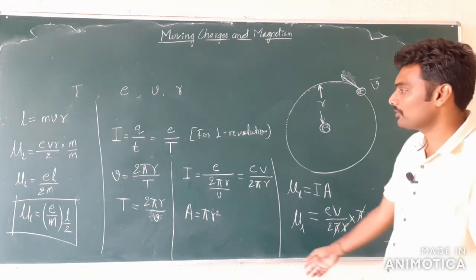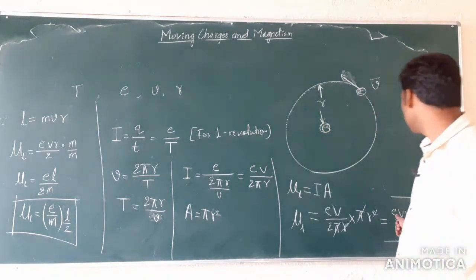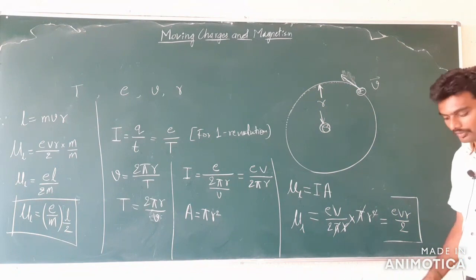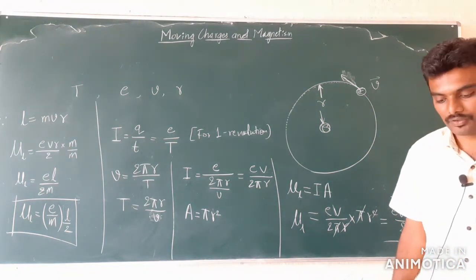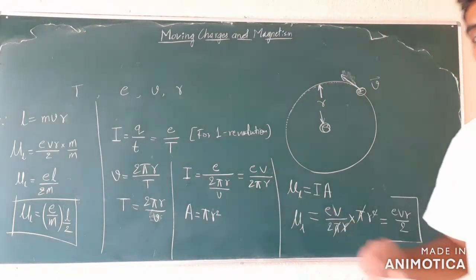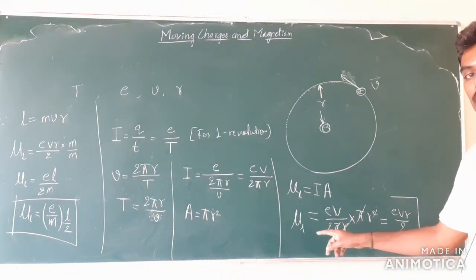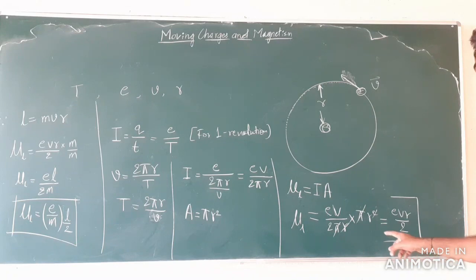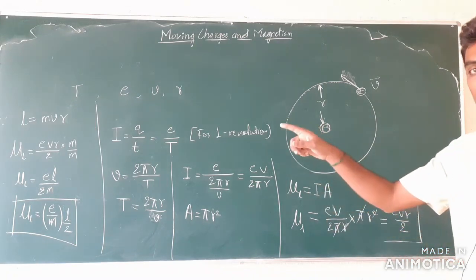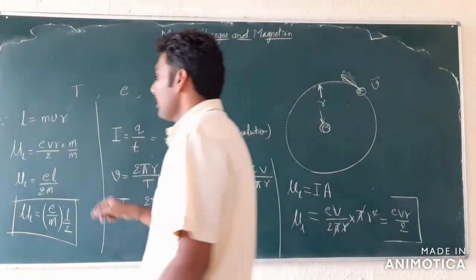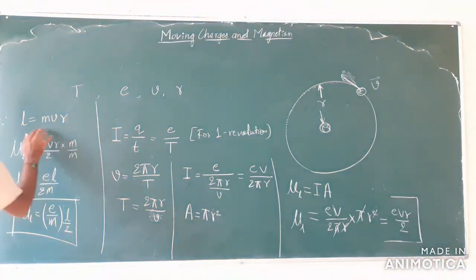So we took the expression of mu L and arrived at e v r by 2, but we were not satisfied. We wanted to express mu L in terms of L. What is L? L is the angular momentum of the electron in its orbit.